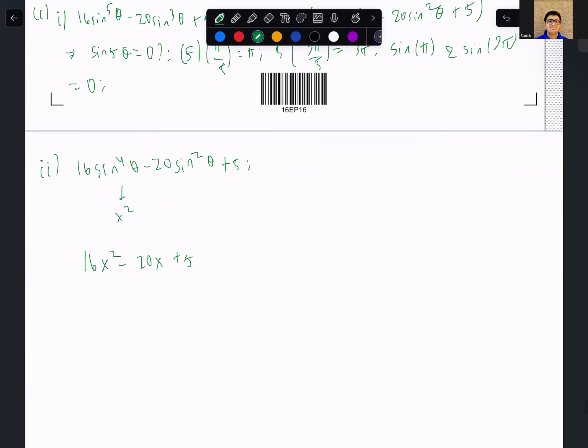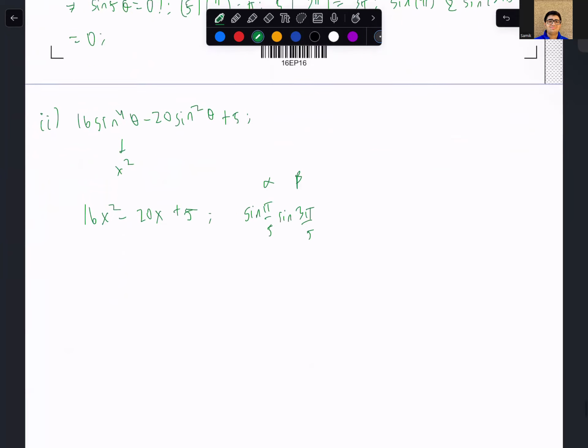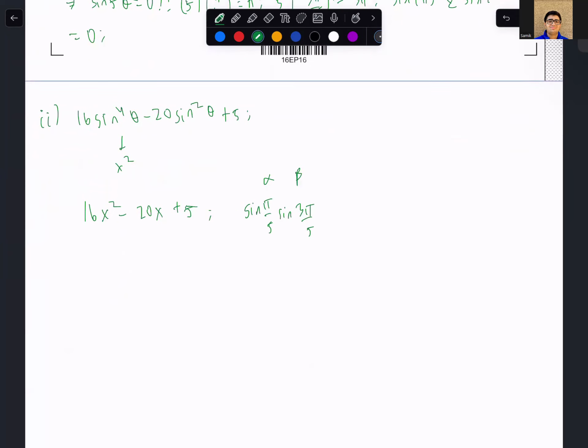This brings familiar notation like the quadratic formula, but because it's x squared, sine pi over 5 times sine 3 pi over 5 brings a product of roots type of look. So it should just be equal to c over a.